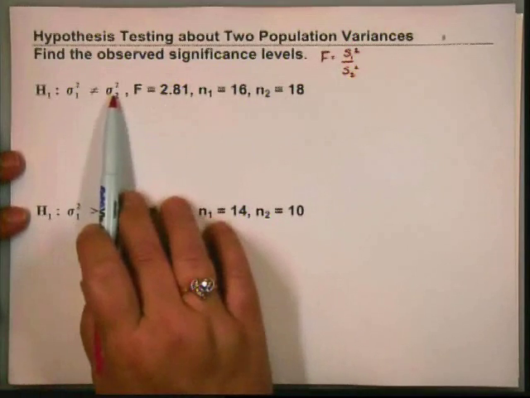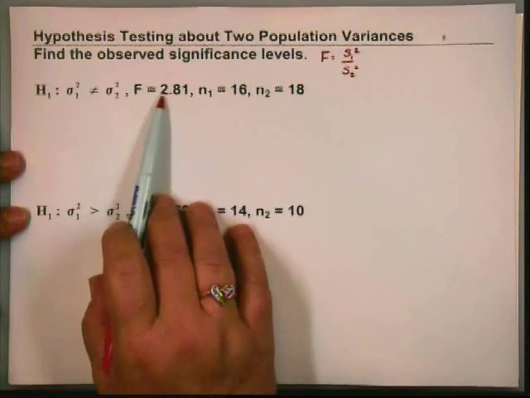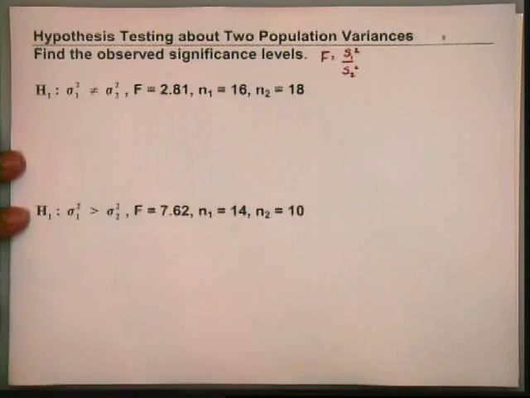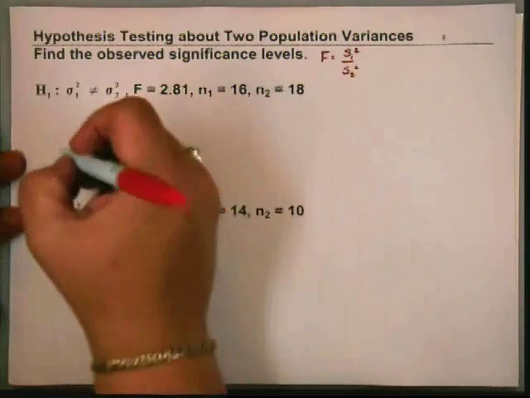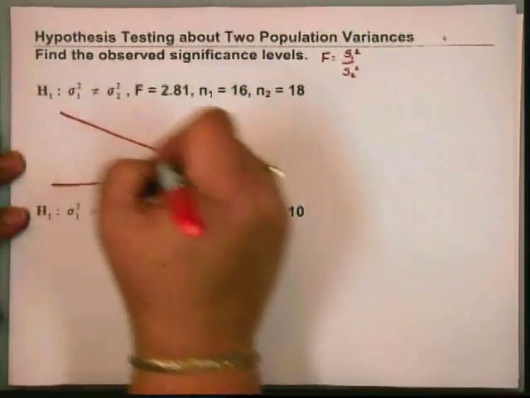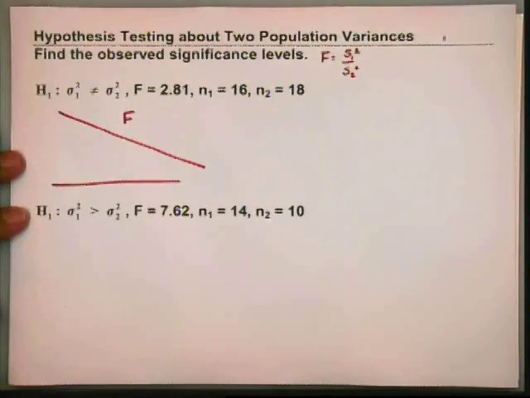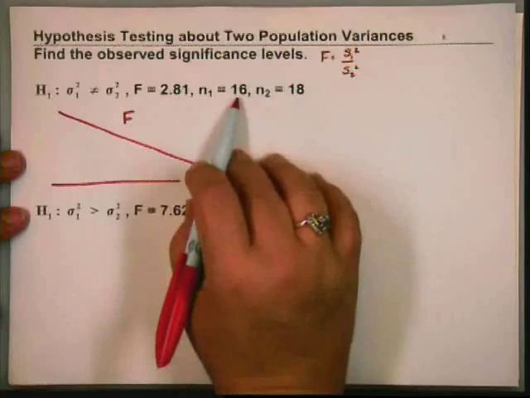Two-sided test. We need to look up the areas here. At F of 2.81, we're definitely in the right side of the distribution. Magnifying the right-hand side of an F distribution, what are our numerator degrees of freedom? 15.